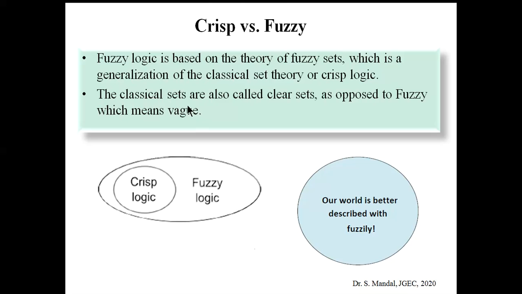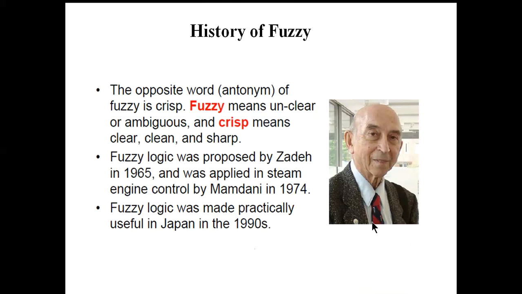Classical sets are also called clear sets because the answer will be clear, like 1 or 0, true or false. But in case of fuzzy logic, the answer will not be clear. There is lots of vagueness. But in the real world, we always prefer fuzzy logic for better understanding or better description. So our world is better described with fuzzy.